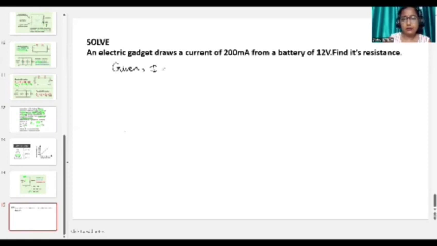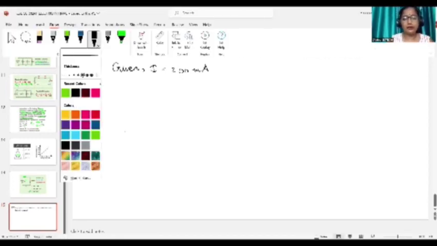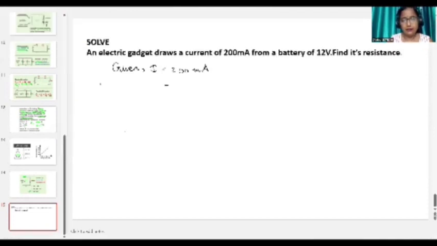It is equal to 200 milliampere. Okay. Now, you convert it into ampere. So what is the formula for converting into ampere? 1 milliampere is equal to 10 to the power minus 3 ampere. So what we'll do, we'll multiply. Okay. 200 into 10 to the power minus 3 ampere.